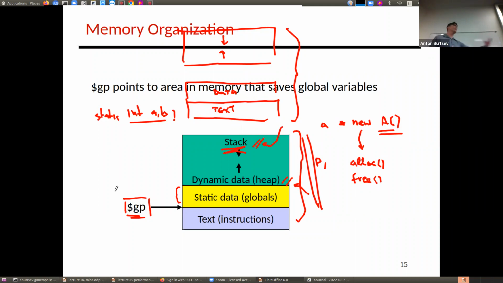You can use it in any way you want, in addition, subtraction, any register can participate in those operations. But typically this global pointer in canonical MIPS is reserved, and it points to the beginning of the data section where the global variables are. Why is that? Because it's typically used frequently, and they decided to use this register like that.